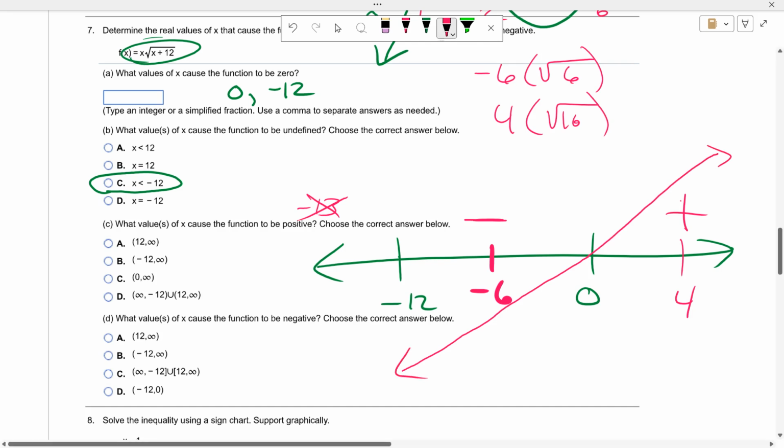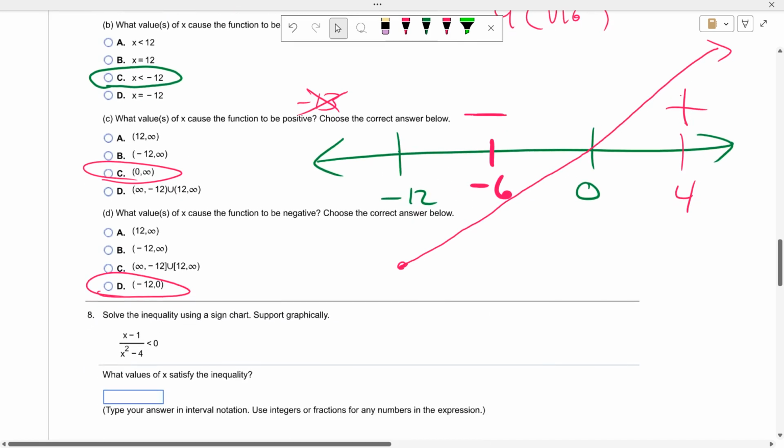No. But it starts right here. So it's negative from negative 12 to 0, and positive there on after. So where is it positive? From 0 on after. Where is it negative? Well, there are no infinities involved. It's just negative 12 to 0. Because before negative 12, there is no such answer.